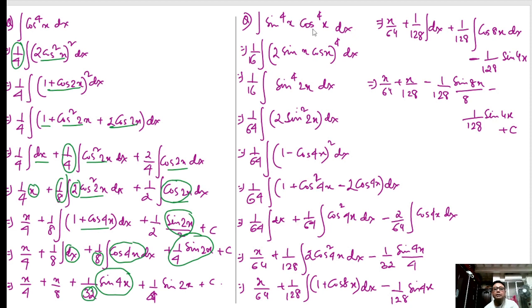Next we are doing sin 4x cos 4x. We are doing 1 by 16 into 16. That 16 becomes 2 to the power 4, as you can see here. 2 sin x cos x is sin 2x whole to the power 4.